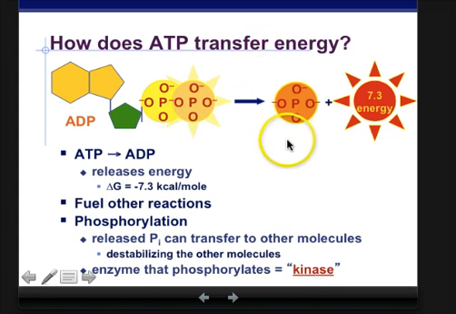Oh, well, just to summarize this again, how does ATP transfer energy? ATP wants to ditch that third phosphate. It's like a boyfriend the ATP wants to drop off on somebody else. So off goes the phosphate and ditches it onto somebody else, and when it does that, 7.3 kilocalories per mole are released.